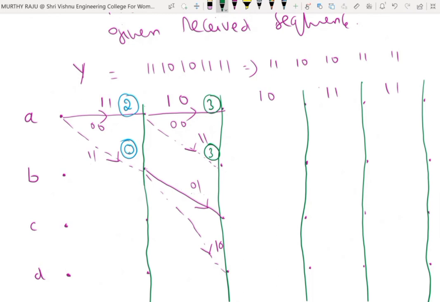Previous path metric is 0, 0 plus 2 is 2, indicated here. Here 1 0 and 1 0, there is no change. Hamming distance is 0. In this time step, Hamming distance is 0, so 0 plus 0 is 0. Next one.